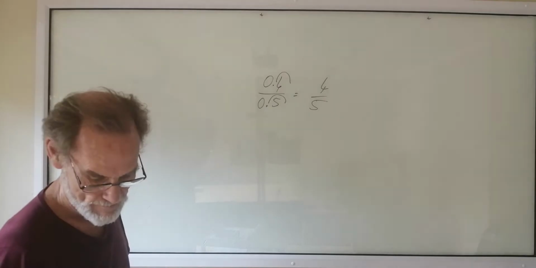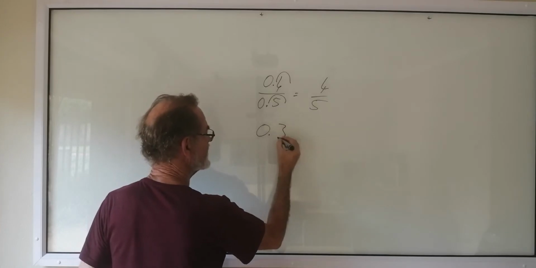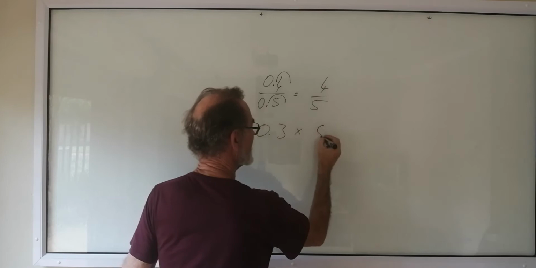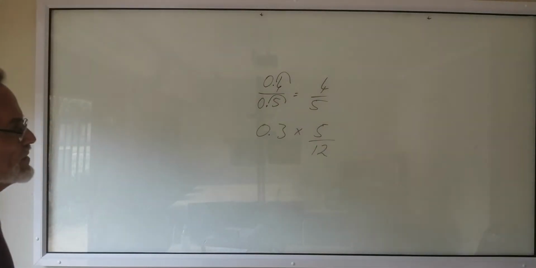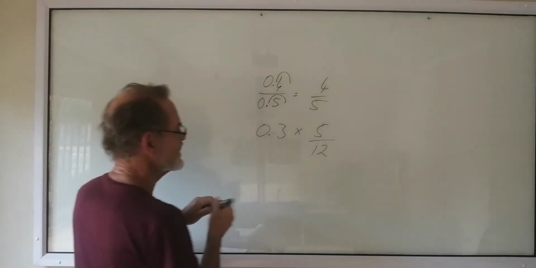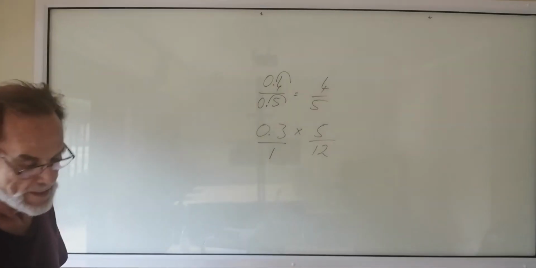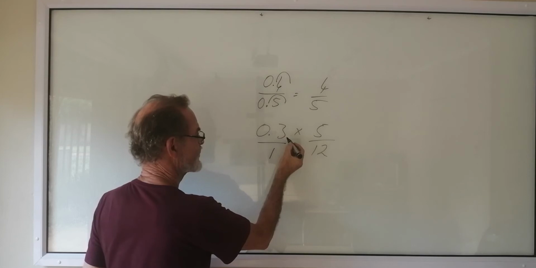Okay? How do we multiply 0.3 multiplied by 5 over 12? What we're going to do, this is actually 0.3 over 1. Okay? And we've got to move this point this way.